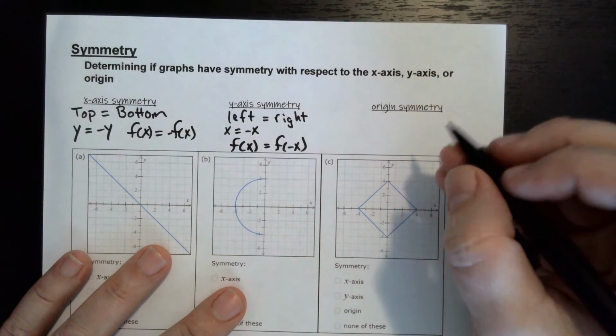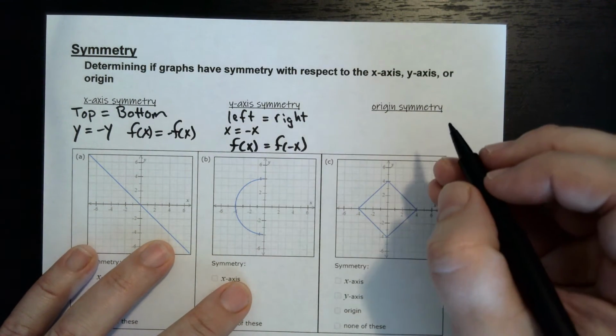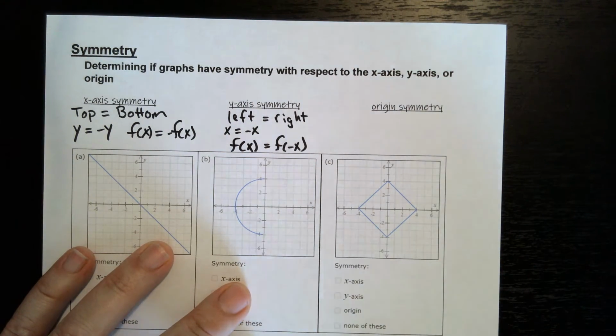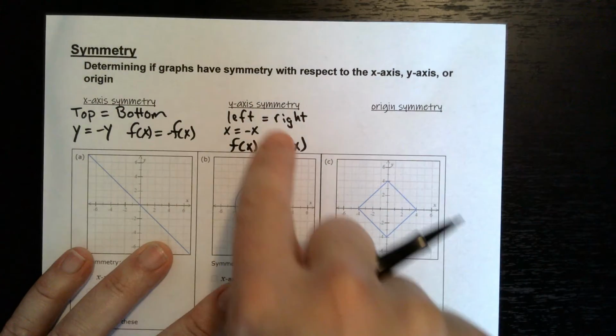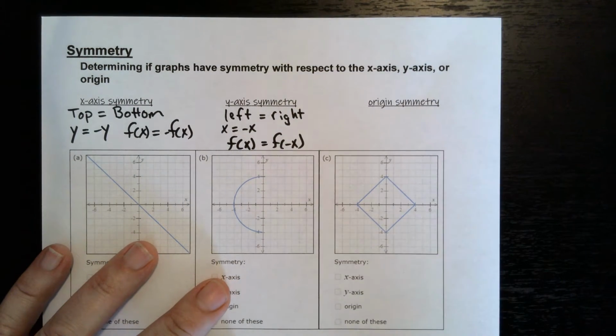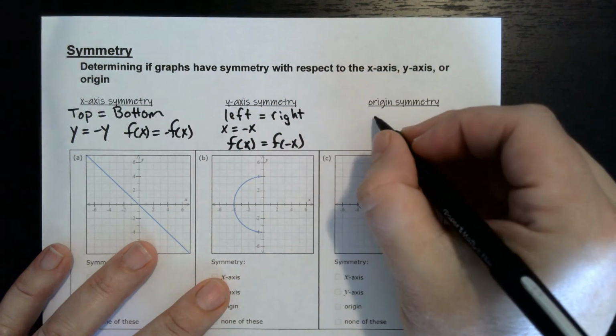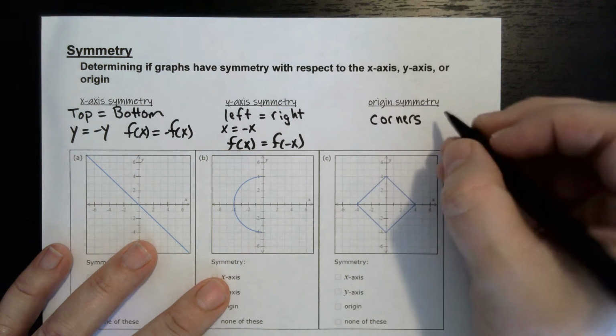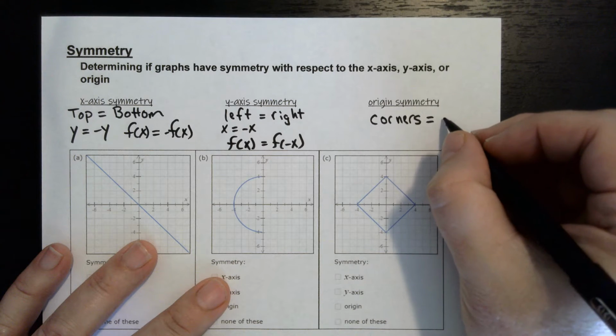Now, origin symmetry will either have both x-axis and y-axis symmetry, or it will have neither x-axis nor y-axis symmetry. Okay, so it's either both or neither, and the corners are equal to the other corners.